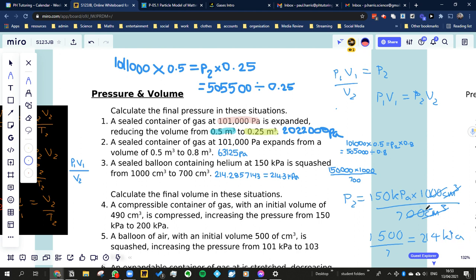So that's only if the units are the same. It's just a way of finding out where the units are.